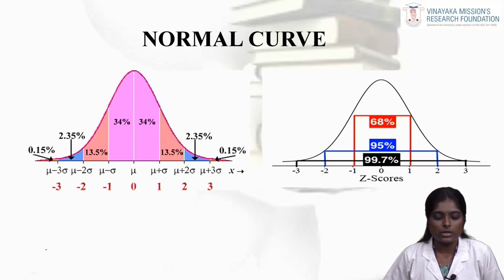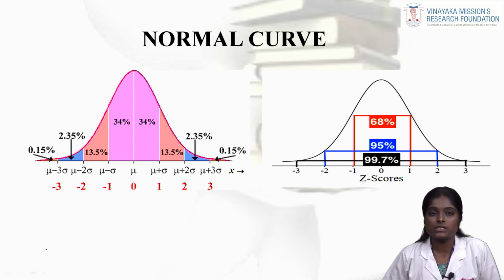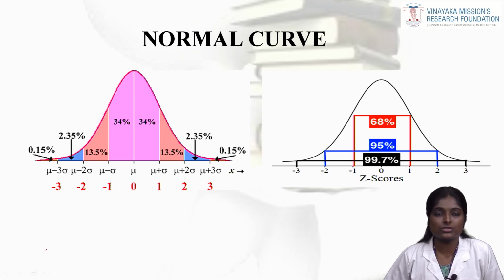The central value is the mean, and positive 1, 2, 3 and negative 1, 2, 3 are the standard deviations, where the values will vary. The first standard deviation constitutes 68% of the population, the second standard deviation constitutes 95% of the population, and the third standard deviation constitutes 99% of the population, and the rest, 2.5% on both sides, is left as error in the result.